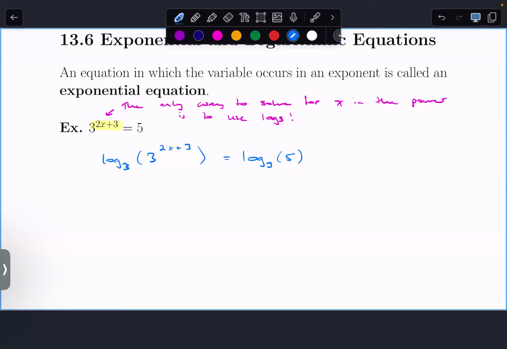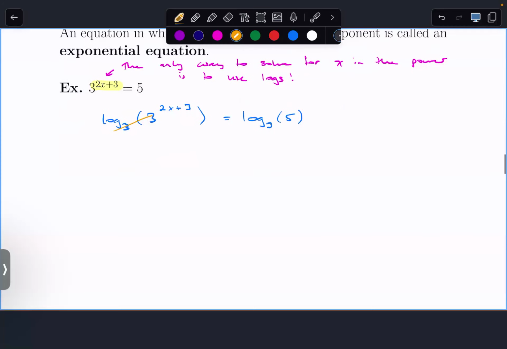So now, by that cancellation property, because I use the same log base as the exponential function, I have 2x plus 3 is log base 3 of 5. Log base 3 of 5 is just a number.